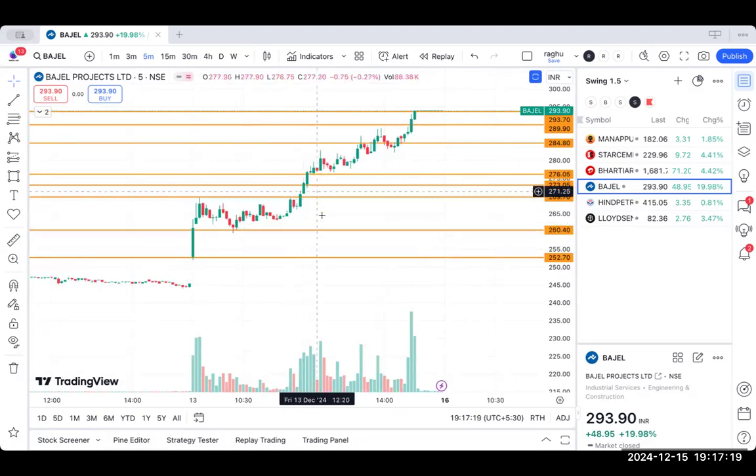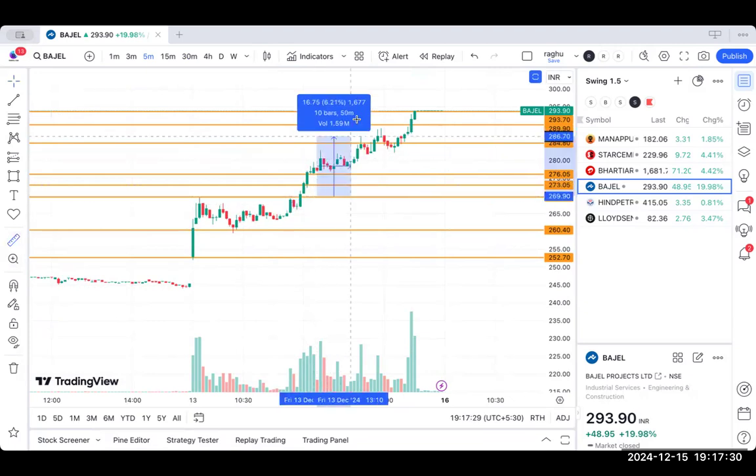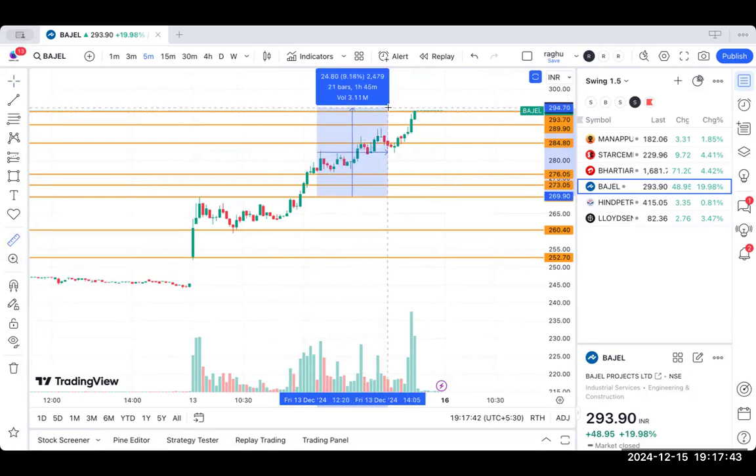Risk reward ratio is amazing. I just need to take 9 rupees risk to go till 93, which is around, because you need to just keep trailing. I'll show you how to trail also. Which is around 23 rupees. Your risk is 9 rupees. Reward is 23 rupees, which is 1 is to 3. So this is a beauty. For this, you need to learn price action.